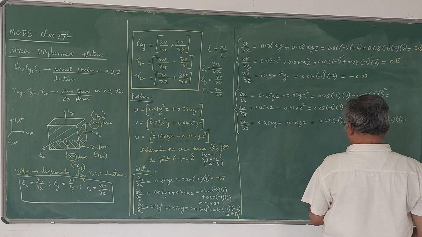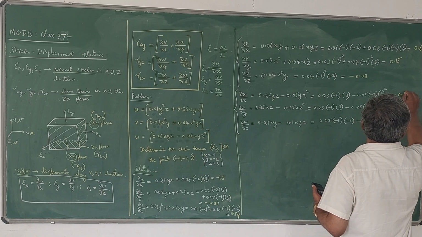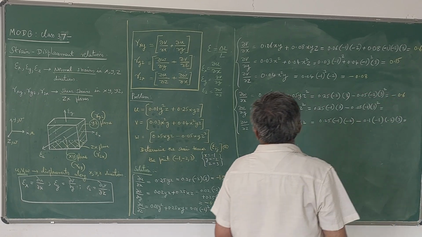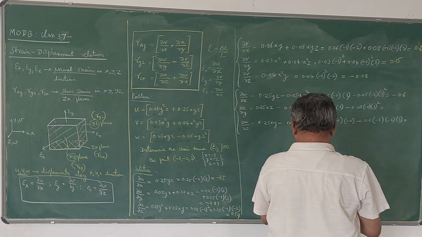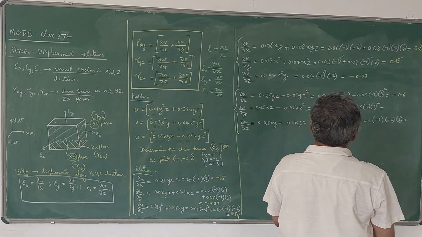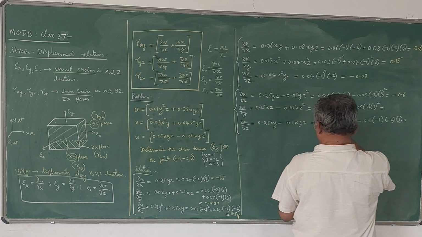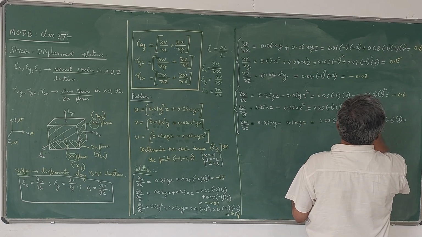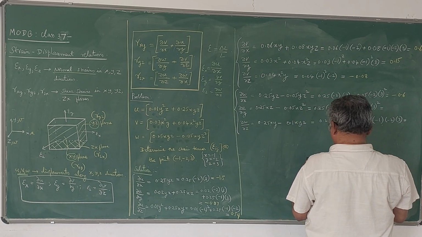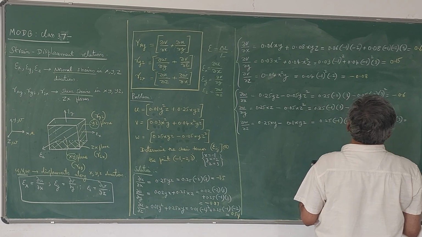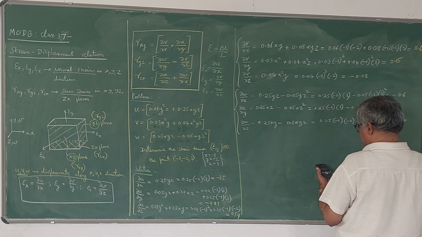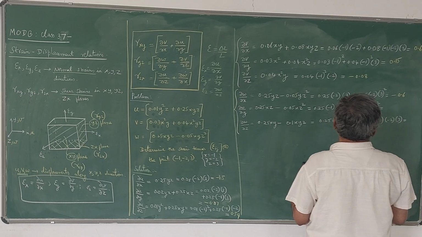So it becomes minus 0.6. Next, second value is minus 3 into 0.75, that is minus 0.75, minus 3 into 0.25, minus 0.75. This value is positive, plus 0.05 into 9 will be 0.45.